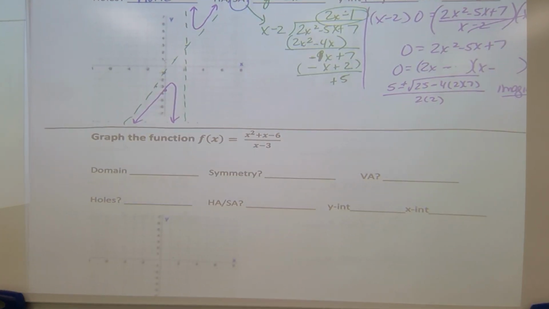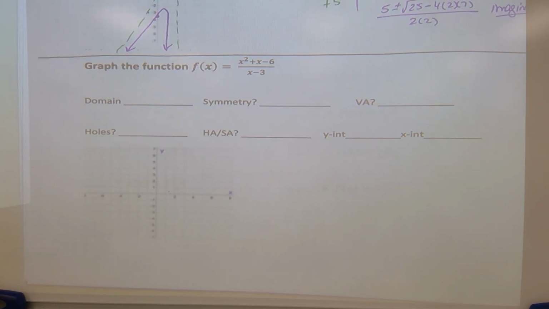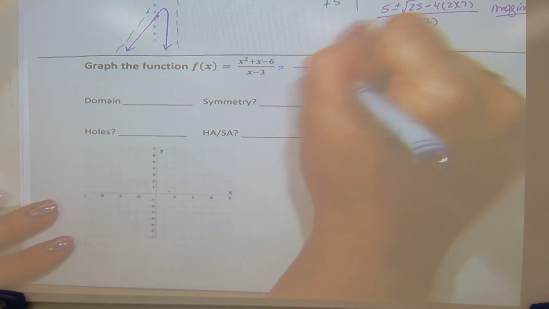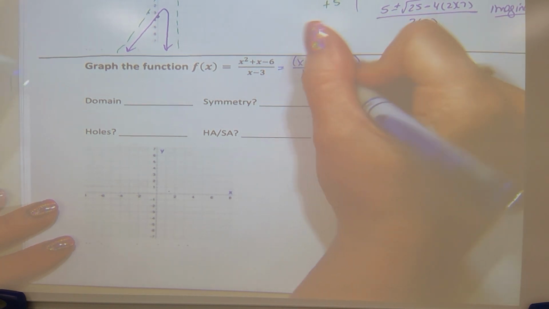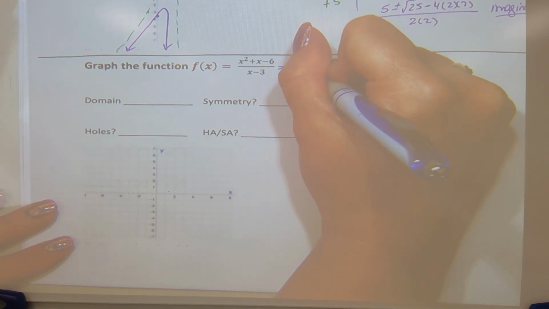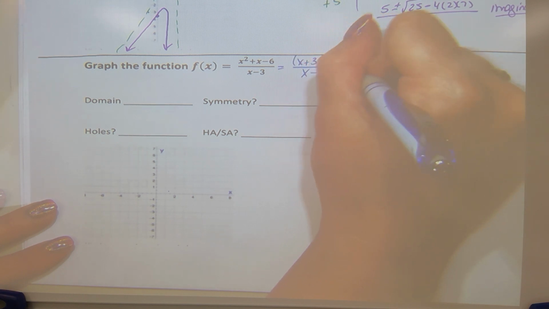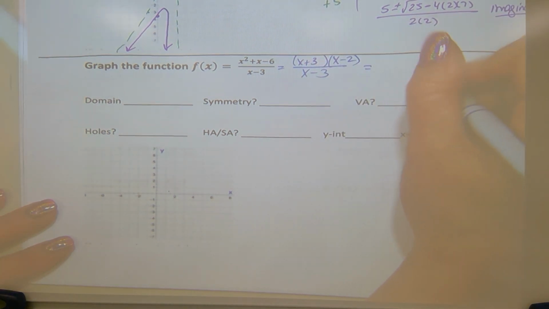All right, last graph that we're going to do on this video. Let's graph f of x equals x squared plus x minus 6 over x minus 3. That is factorable. Is it in lowest terms?